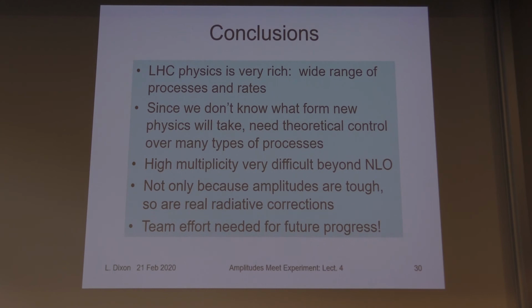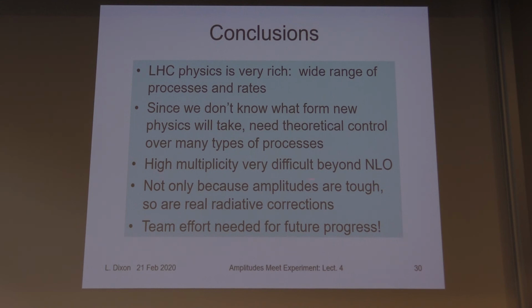Remember, there's this all-important trigger: if your new physics doesn't pass the trigger, you'll never see it. So you need to not only think more about what form new physics will take, but also there's need for theory to get more control over a variety of processes, because we don't know which ones are the most important yet or where the new physics is lying.